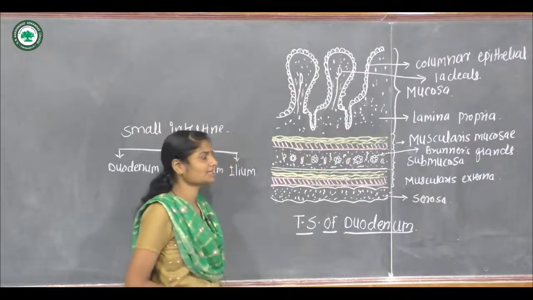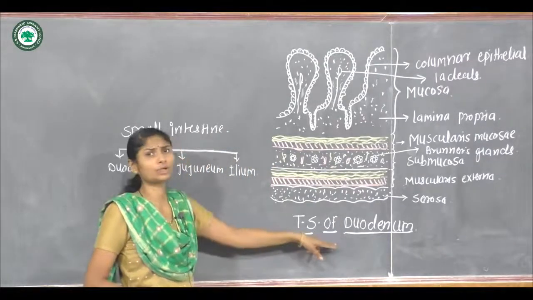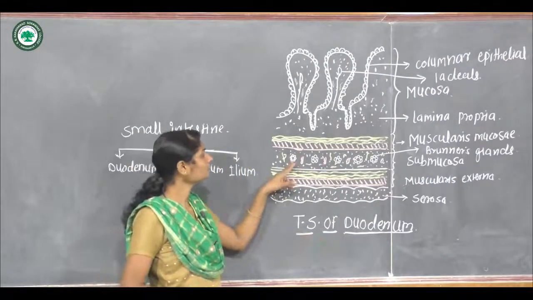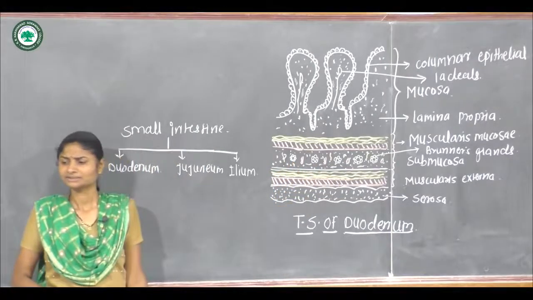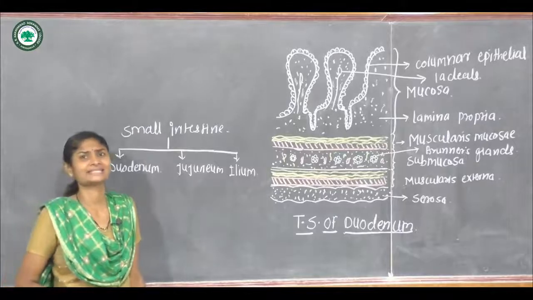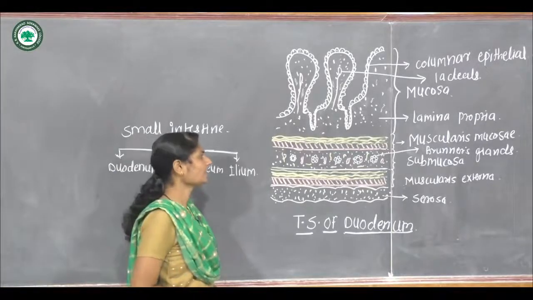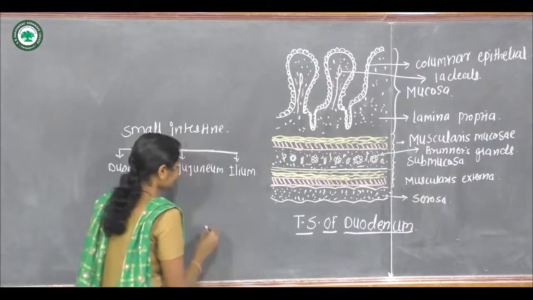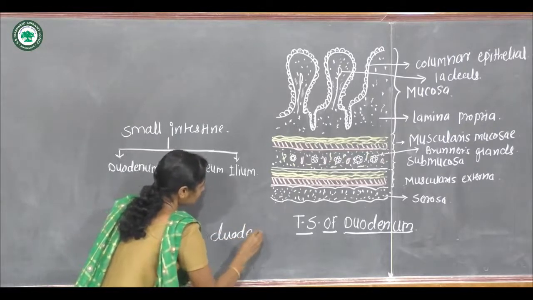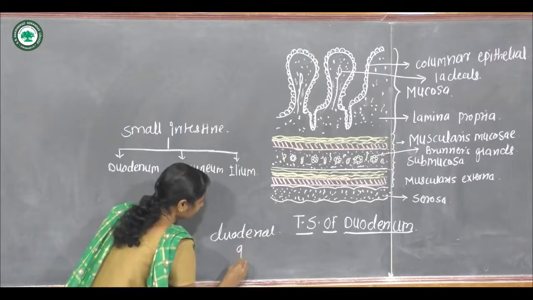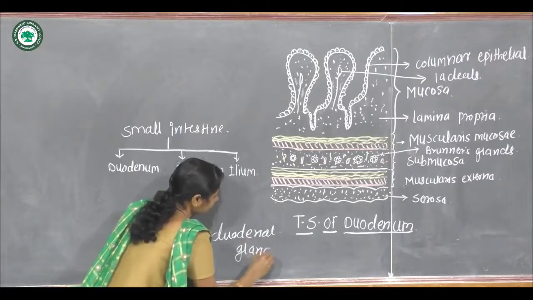In duodenum, mostly Brunner's glands are present, and these Brunner's glands are also called duodenal glands.